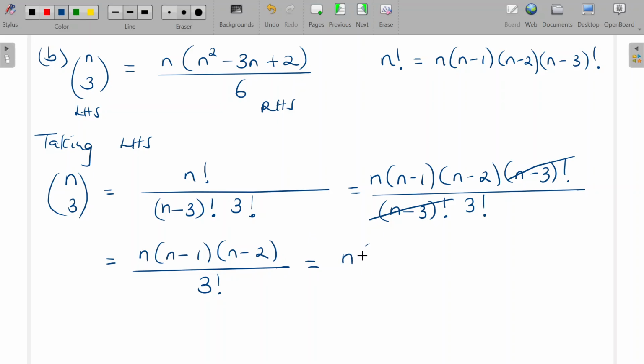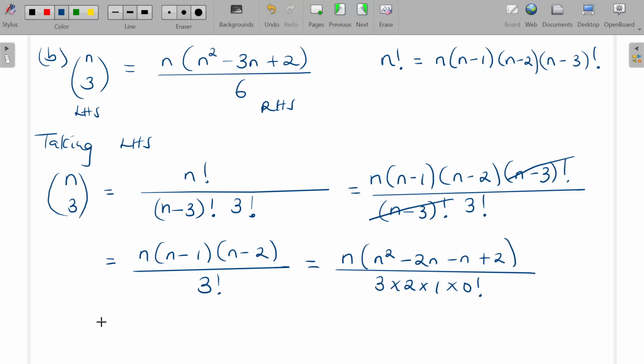So it will be n, then n times n will be n squared. n times negative 2 will be minus 2n. Negative 1 times n will be negative n. Negative 1 times negative 2 will be plus 2. Over 3 factorial, which is 3 times 2 times 1 times 0 factorial.